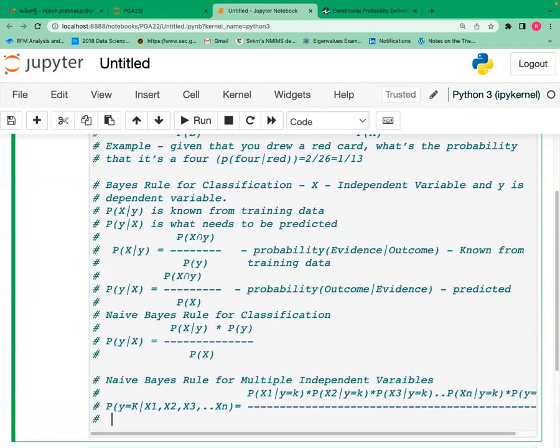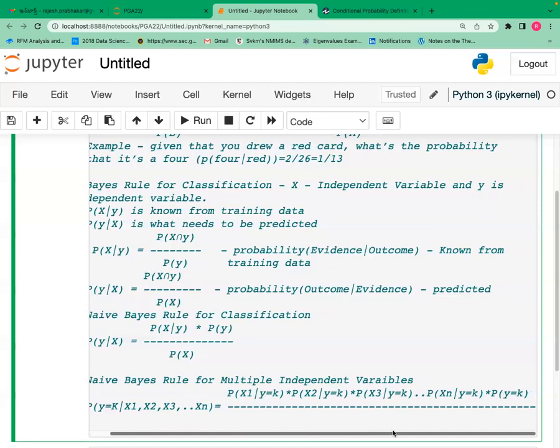And the denominator would be probability of x1 into probability of x2 into probability of x3 till probability of xn.